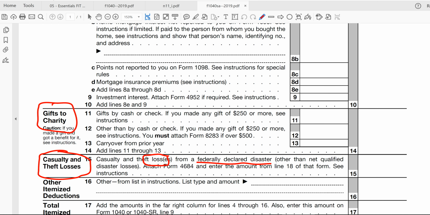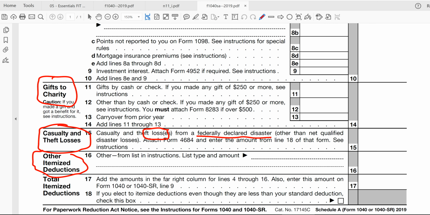We'll learn about these other itemized deductions in Chapter 6. Very few of them, but we'll spend just a little bit of time on that in the next chapter. Then we total up all the categories here of itemized deductions and claim it back on the 1040 form.